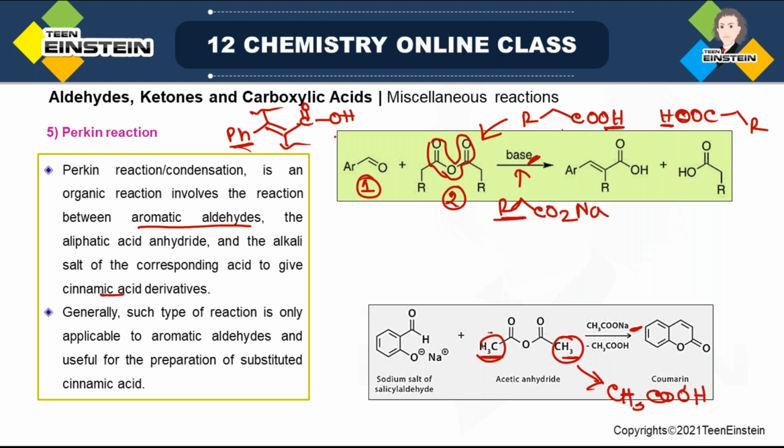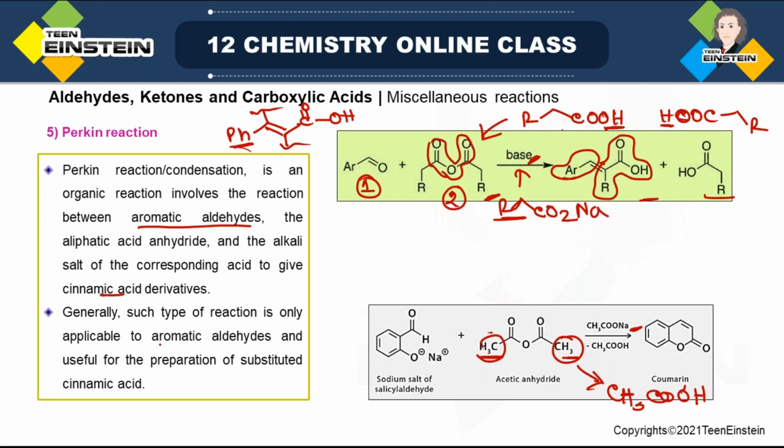That is why I am saying it is a cinnamic acid derivative. So this is the general reaction scheme. One part is coming from the anhydride, another part is coming from ArCHO, the aromatic aldehyde, and the rest of the anhydride will be removed in the form of RCH2COOH.